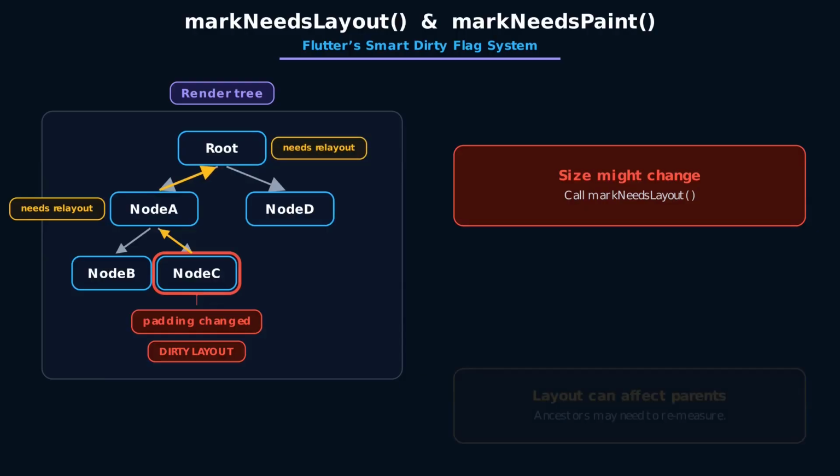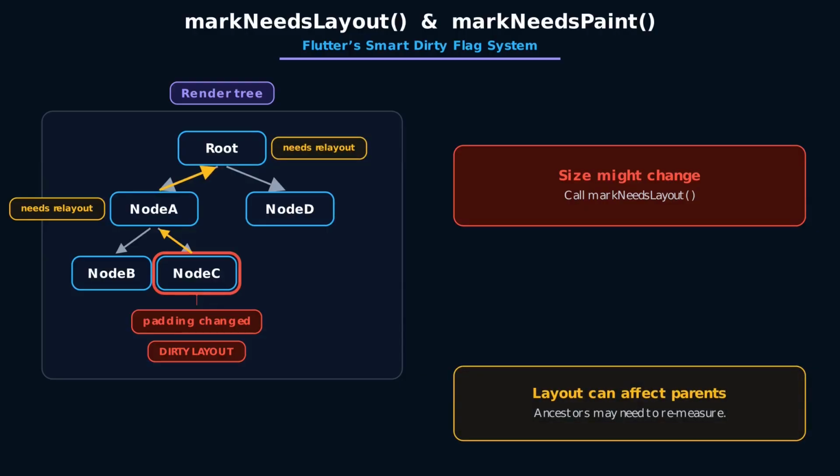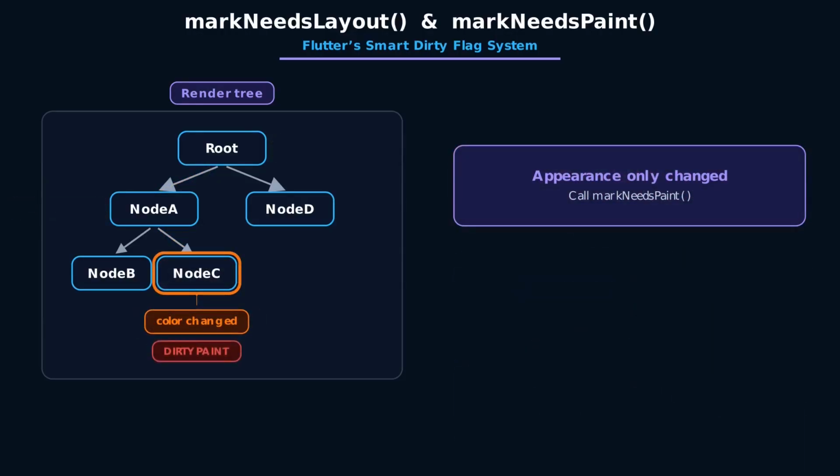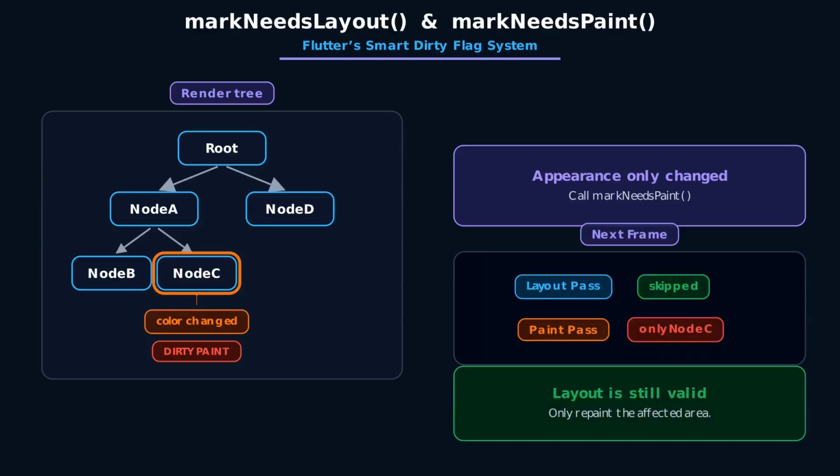This flags your render object as dirty, meaning it needs to be relaid out. Flutter then schedules a layout pass for the next frame, but only for the parts of the tree that are dirty. Similarly, when only the visual appearance changes, but not the size or structure, like a color change, you call markNeedsPaint. This tells Flutter, I need to be repainted, but my layout is still valid.